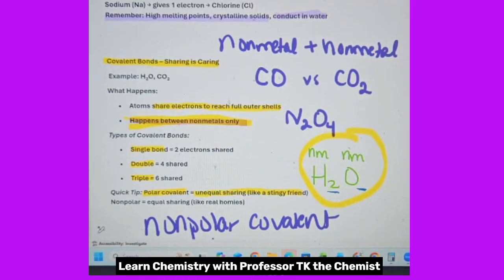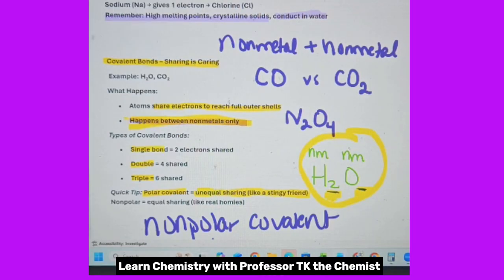Why? Because water has 2 hydrogen atoms, oxygen has 1. So that's unequal sharing, like your stingy friend. They always want to get a ride from you, but when you ask them, they don't want to do it. So unequal sharing, even though y'all are opposites, one is positive, one is negative, okay? There's an unequal sharing in that relationship.